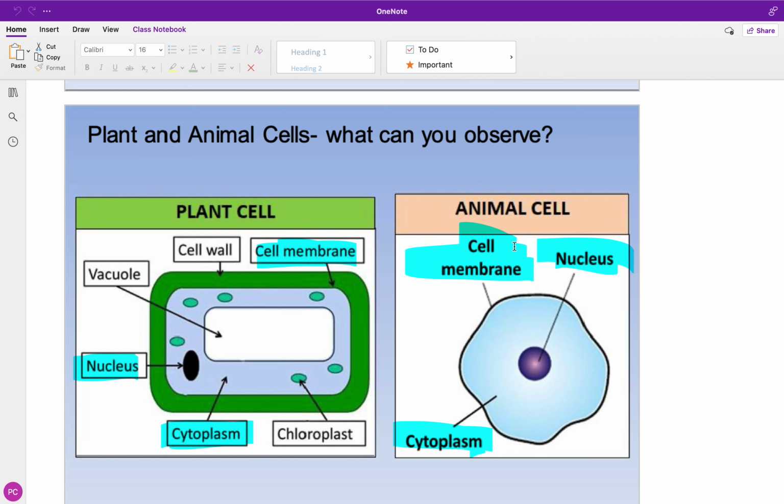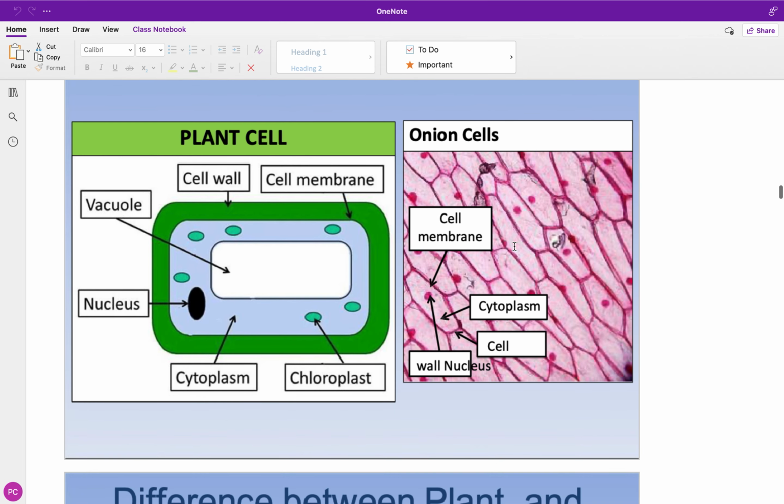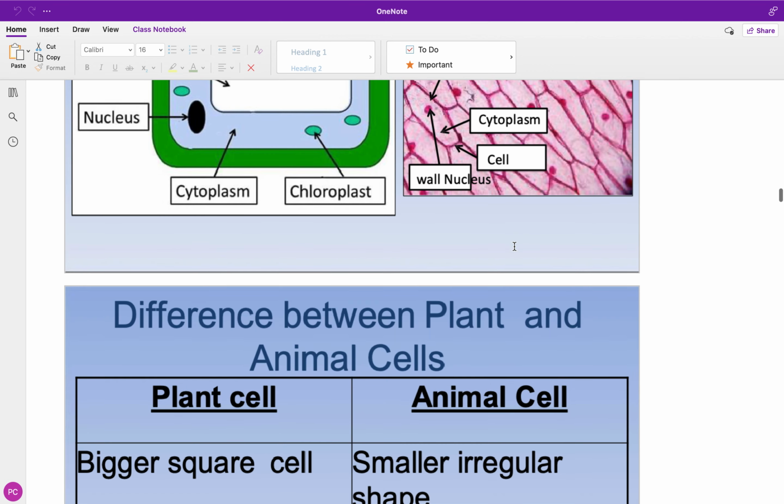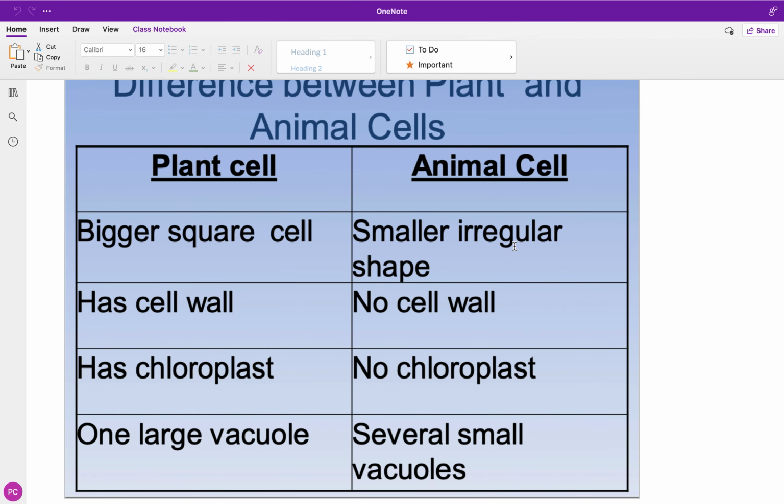The plant cell has a wall around the outside, a vacuole, this big white space in the middle, and it has these kind of green M&M-y looking things all around there called chloroplasts. So there's a bit more to a plant cell than an animal cell. And there's a reason for that, which we'll get to in a second, right? So there's your plant cell there. The differences.